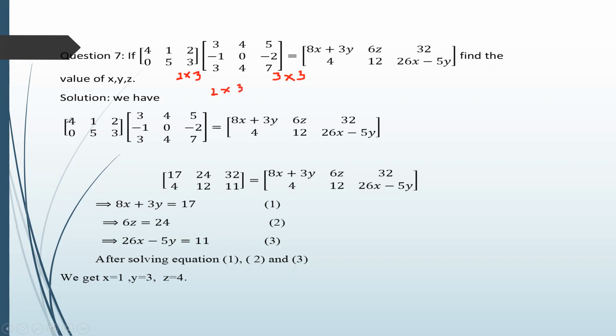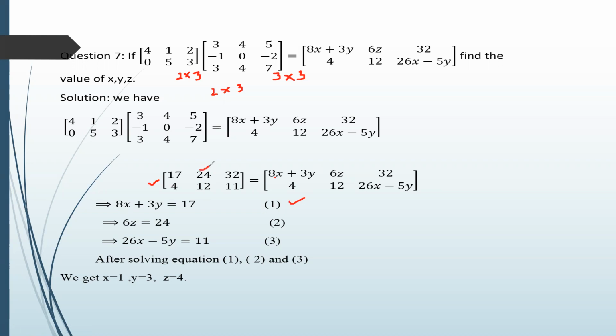After multiplying, we get this matrix 17, 24, 32, 4, 12, 11, and this is equal to 8x plus 3y, 6z, 32, 4, 12, 6x minus 5y. And we know that two matrices are equal when corresponding elements are equal. So the first element: 8x plus 3y equal to 17. This is the first equation.